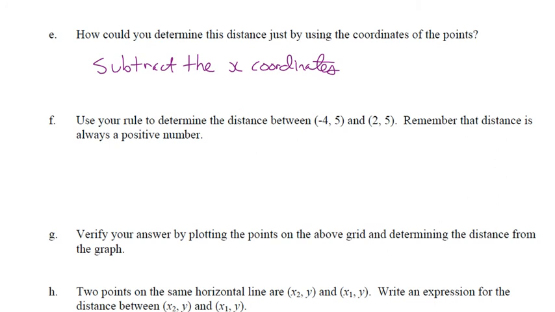So what are we going to show? 2 minus -4, which is 6. If we subtract the smaller from the larger, then we should end up with a positive number, yeah?